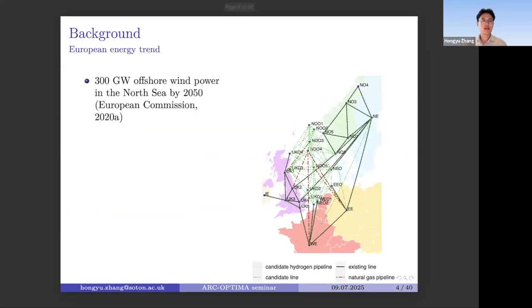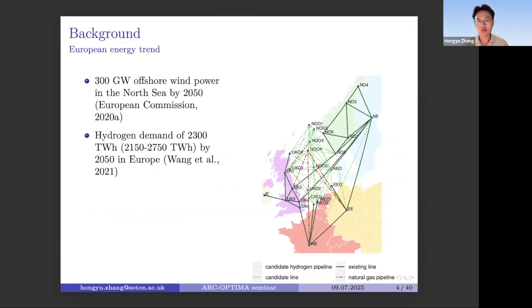First of all, I would like to give you some background regarding the energy trend in Europe. As you may know, the EU has a very ambitious climate target, and the European Commission aims to have 300 gigawatt offshore wind power in the North Sea by 2050.